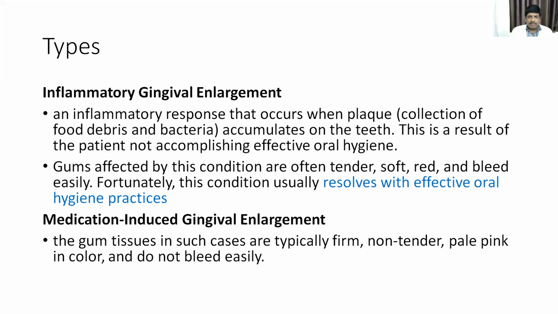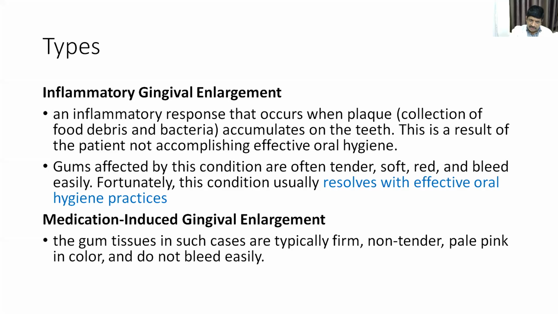Gums are affected mostly, and they become tender, soft, red, and bleed very easily. If a person takes care of oral hygiene, then it can be resolved very effectively. The next is medication-induced gingival enlargement.